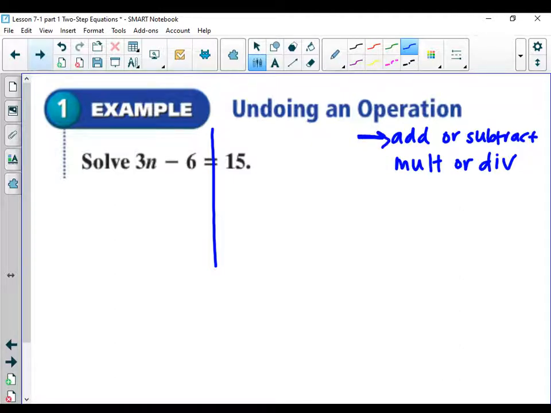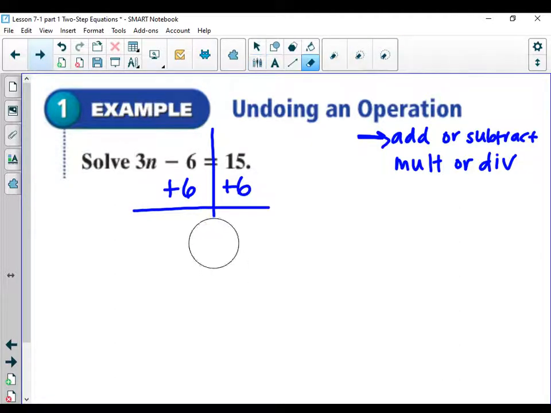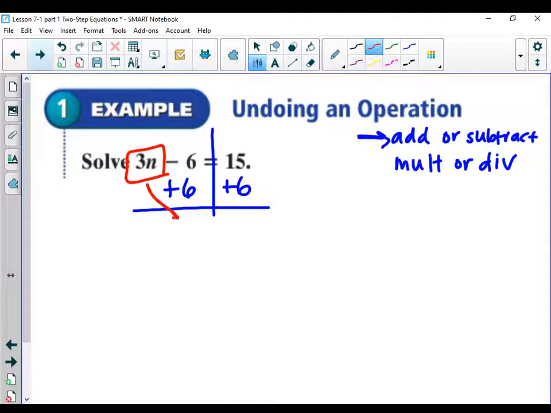I need to undo minus 6 by adding 6. That means my 3n is going to come down to the next row. And 15 plus 6 is 21.